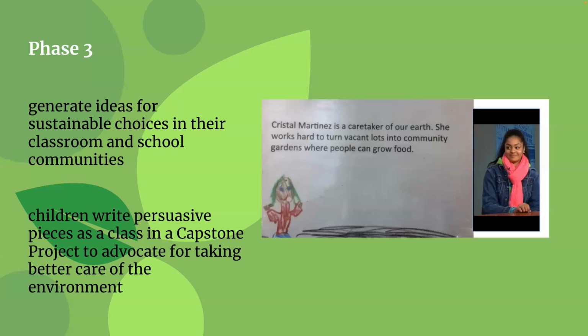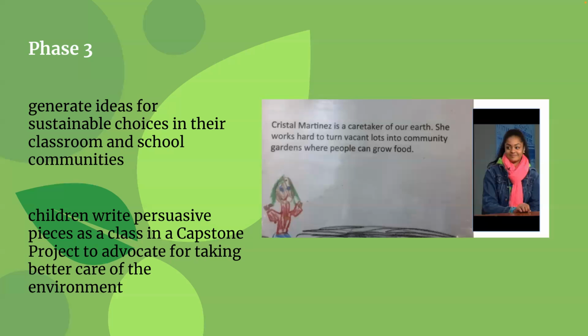In the writing, you'll see that, of course, you will explore some mentor texts that are persuasive. There will be some joint writing happening. Children will create posters. And then the final persuasive writing is writing a class letter.